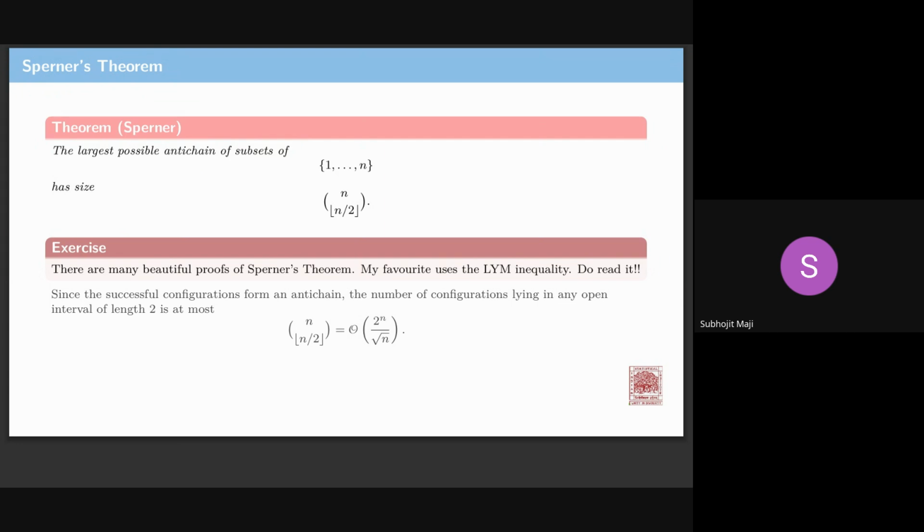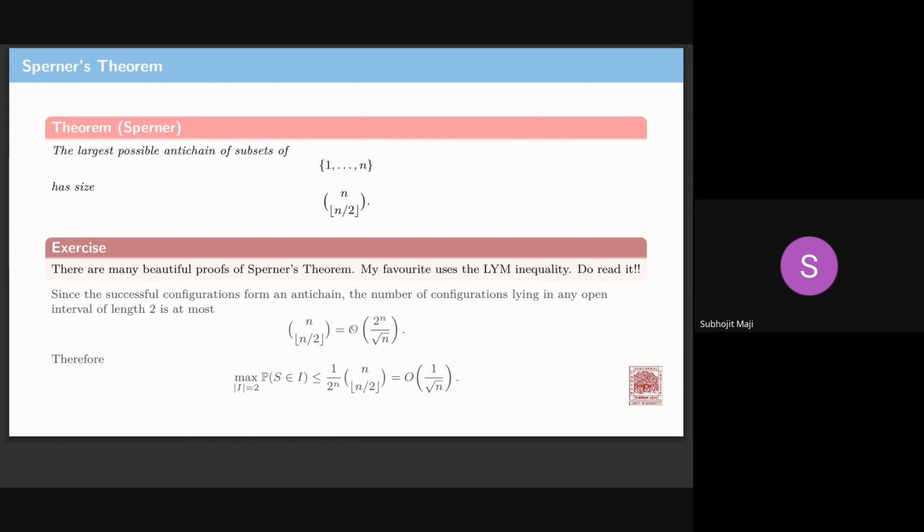Okay. So now, therefore, what do we get as a maximum probability of this? The maximum probability over all those intervals of length 2 is less than or equal to 1 by 2 to the power n times n choose n over 2.